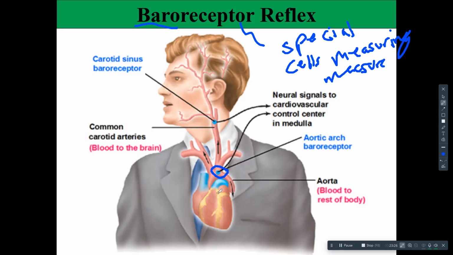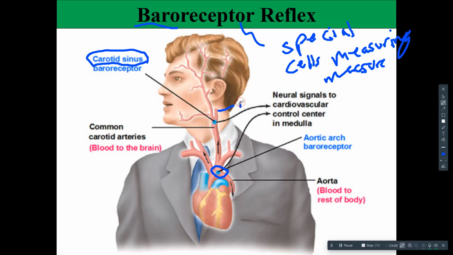I also have baroreceptors in this little area called the carotid sinus. So remember from lab, we got a common carotid artery right here. This is the left common carotid. We know the word common means it's splitting.